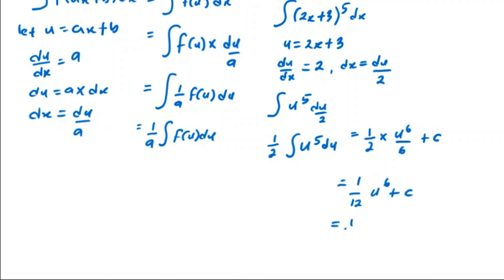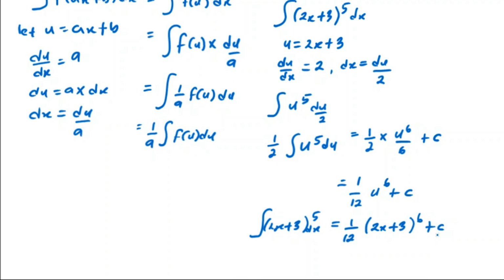Now, our u, we took our u to be 2x plus 3, so we can just substitute it back: 1 over 12 (2x plus 3) raised to the power of 6 plus c. So it means that the integral of (2x plus 3) raised to the power of 5 dx will be equivalent to 1 over 12, open bracket, 2x plus 3, raised to the power of 6 plus c. And that will be the final answer to that question.